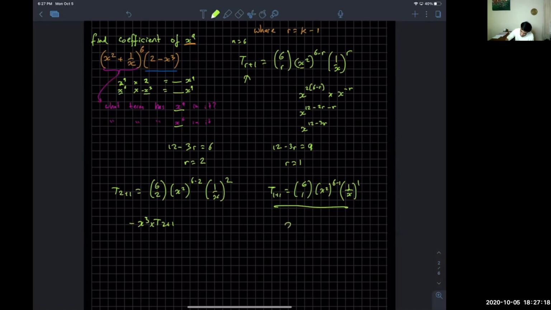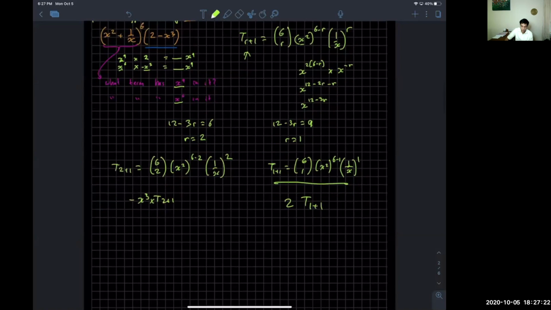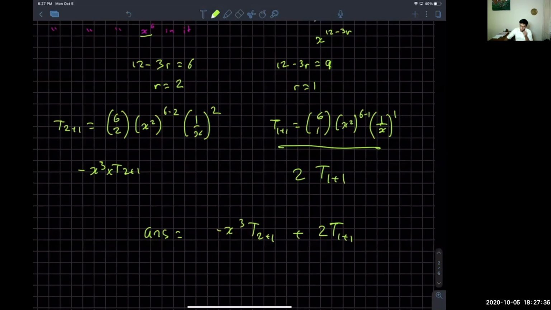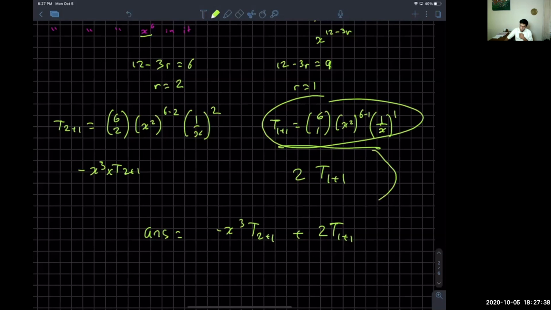So the answer is negative x cubed times T of 2 plus 1, plus 2 times T of 1 plus 1. And you can just plug in the answers for this expansion into here and this expansion into here. Good. Let's do more of these.